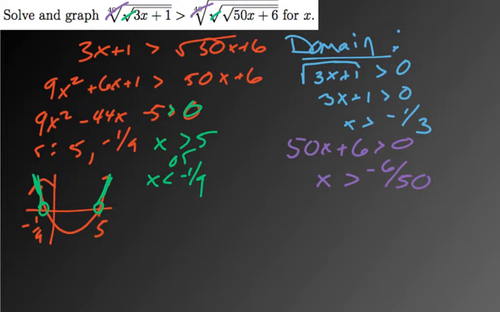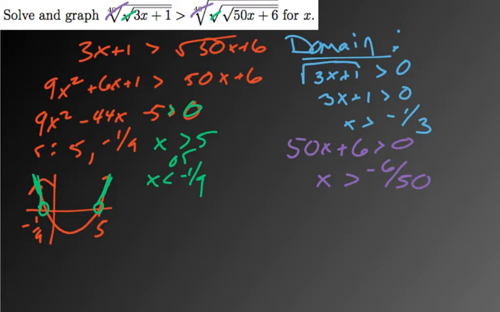All right, so now the game becomes comparing your solution space to where it's actually defined, right? Bigger than 5 is definitely bigger than these two negative numbers, so that's good. But less than negative a ninth is going to become an issue, because you could be at negative 100, and that's not bigger than these domains. So you have to be careful.